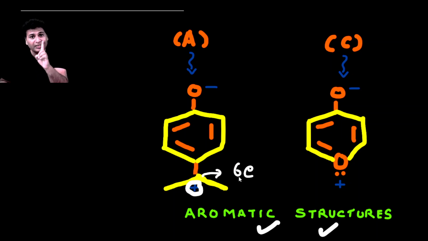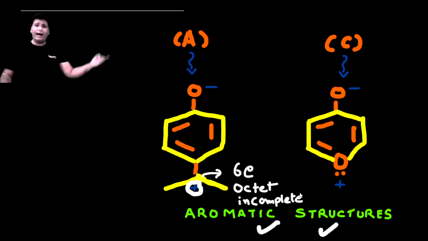Carbocation has got 6 electrons. That means its octet is incomplete. Although this was boasting about its aromatic character, let it boast, but I will have one point to say here. You are not having the carbocation fulfilling its octet.